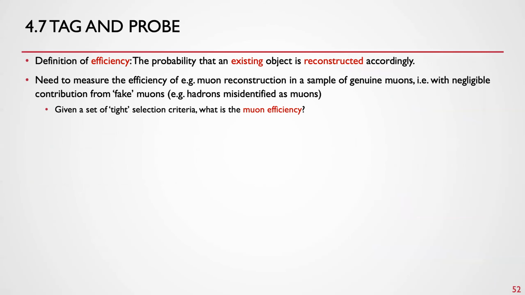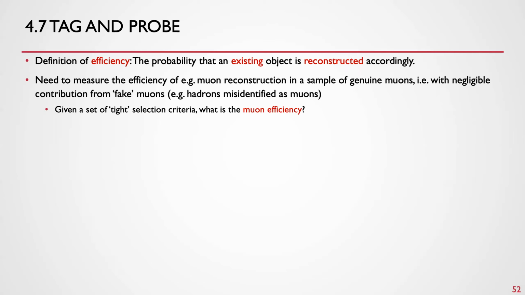The next concept, the so-called tag and probe method. How do you know that a muon candidate that has been reconstructed in the detector really is a muon? Can it not be something else? And what is the rate that it is something else?